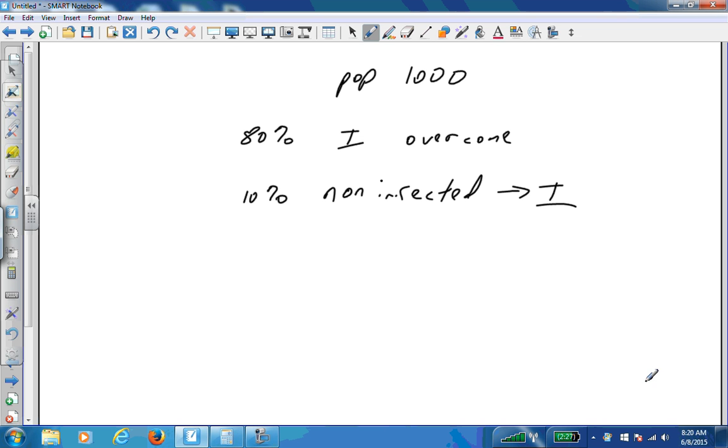So to begin with, we're going to set up a probability matrix. We have two possibilities. Either something is infected or it's not infected.